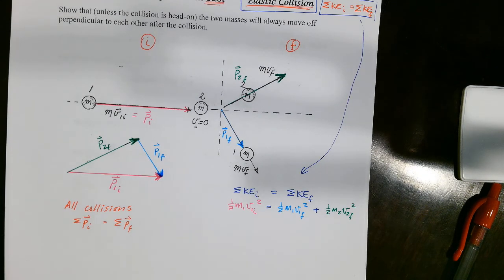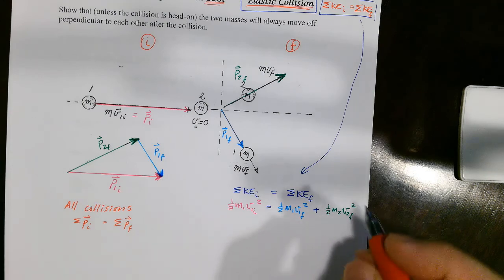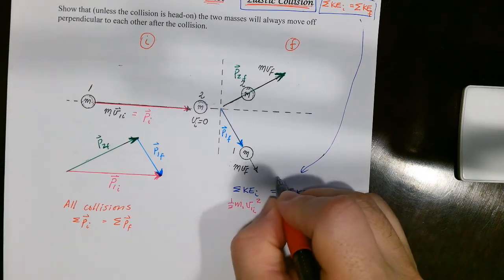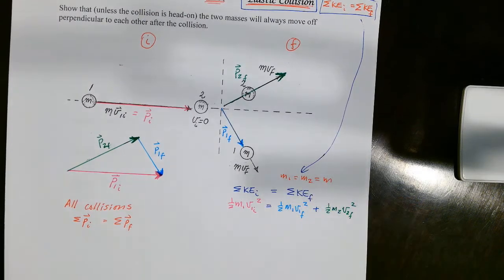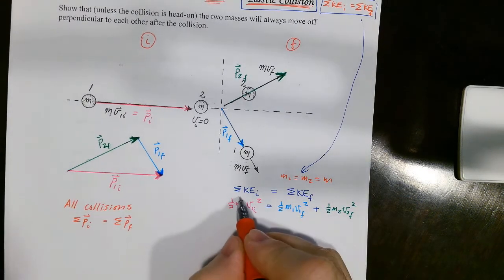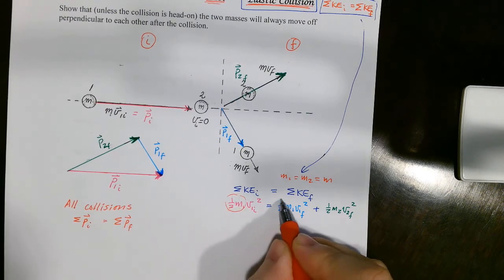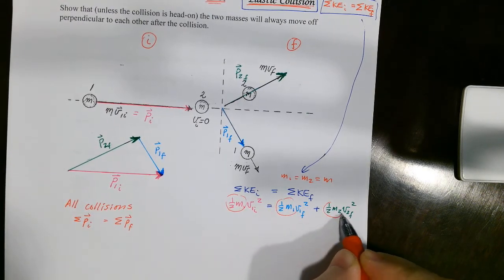However, m1 and m2 are equal to each other, so m1 equals m2, which equals m. That means I can cancel the 1/2 m's out.